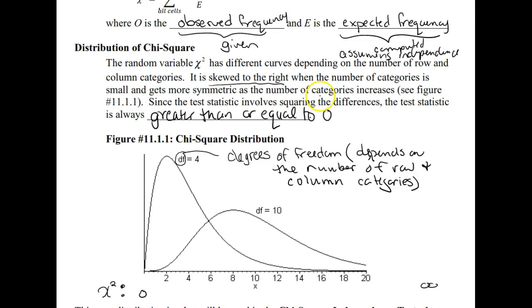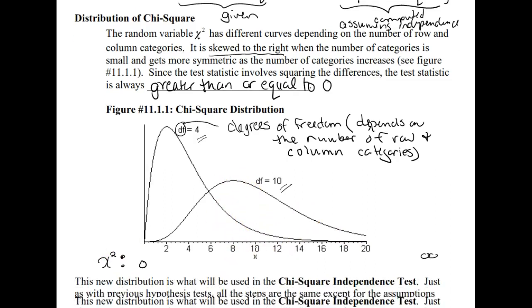As stated above, as the number of row and column categories gets larger, which is what the degrees of freedom depends on, the distribution gets more symmetric looking. Even when it's symmetric, it's not going to be symmetric about 0 like our t and z scores. It would be symmetric about some positive value on the axis.